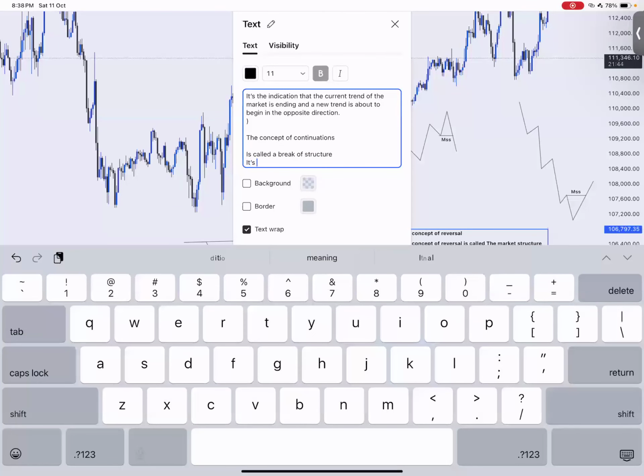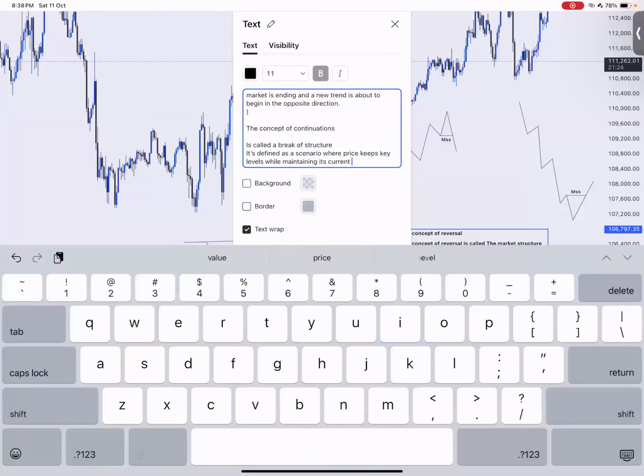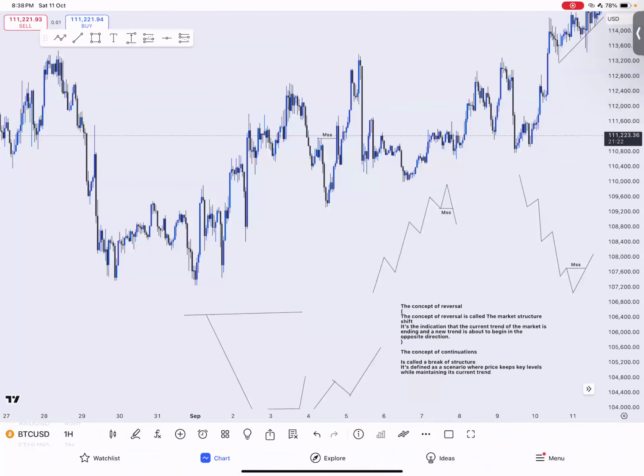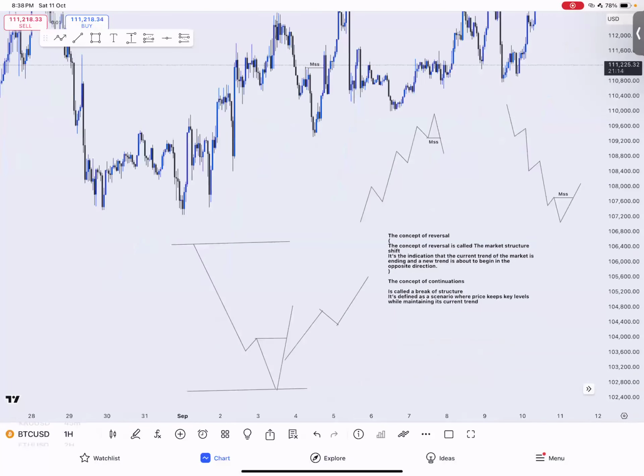It's defined as a scenario where price keeps breaking key levels while maintaining its current trend. So the concept of continuations is called what? A break of structure, and it is defined as the scenario where price keeps breaking key levels while maintaining its current trend.